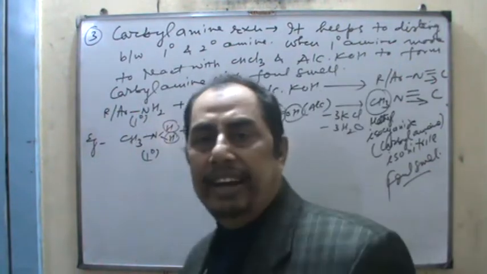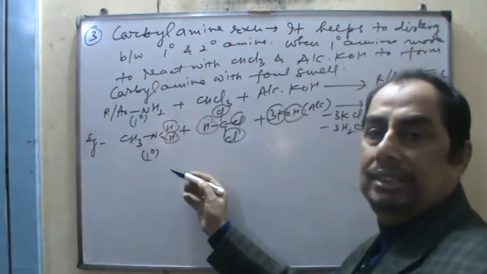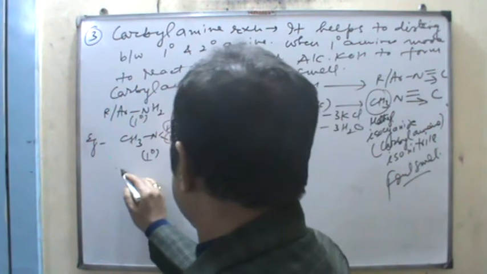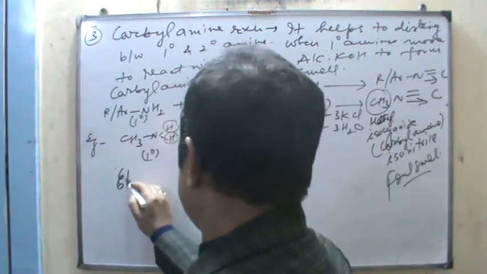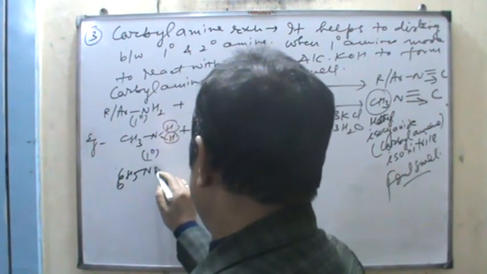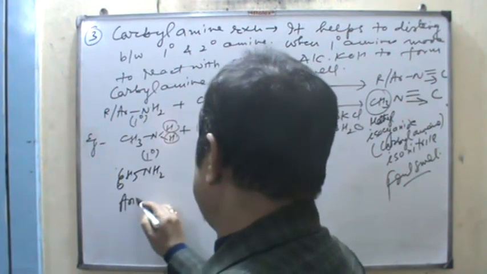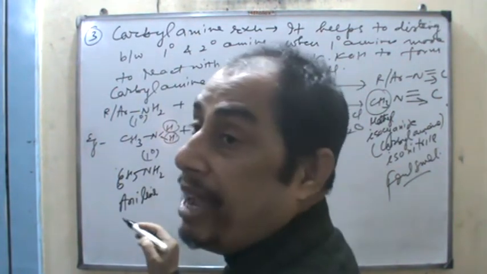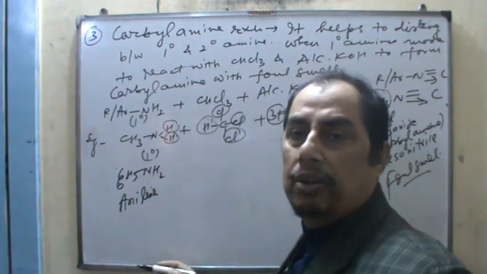In case of aliphatic, we just took methylamine; now we take aromatic amines. You take here C6H5NH2, this is the aniline, or benzenamine, or phenylamine, or aminobenzene.